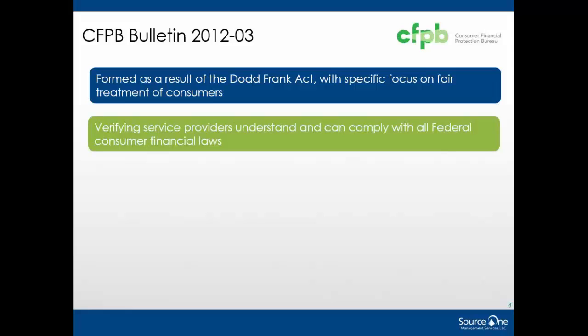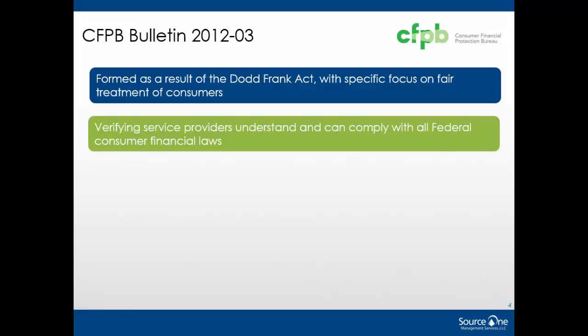CFPB also gives guidance on developing contracts that clearly outline expectations and also potential repercussions, whether they be fines or other, for failure to follow those. And finally, CFPB talks about creating processes and ongoing monitoring practices to be sure that if there is a breach in compliance, you properly act.